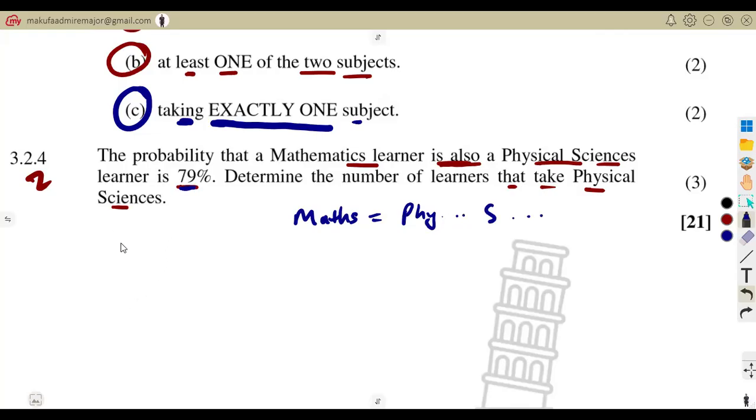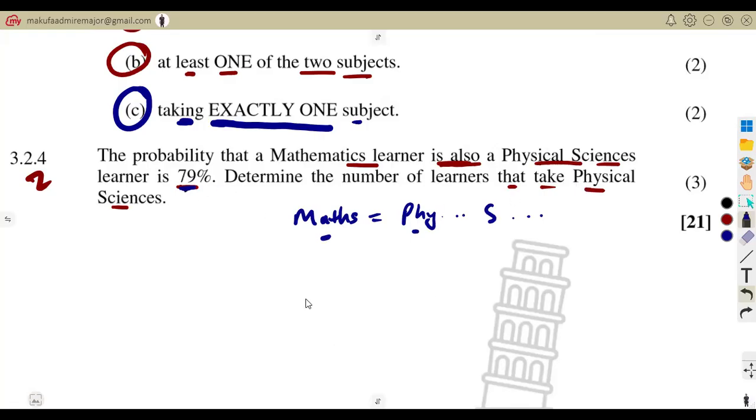So how can we know the physical sciences? We can calculate those ones that are doing maths, because we are saying if the learner is doing maths, is also doing what? Physical sciences at this percentage.